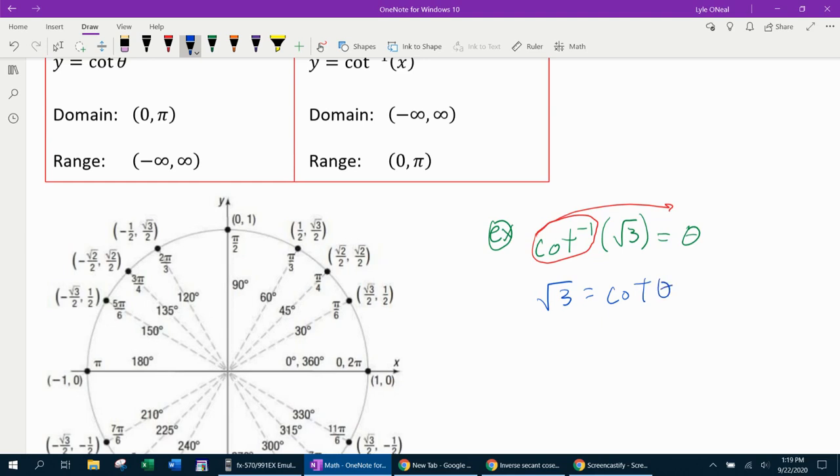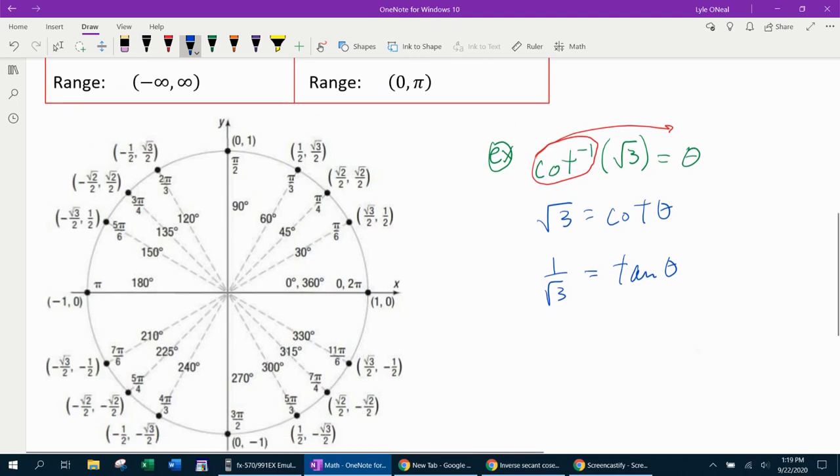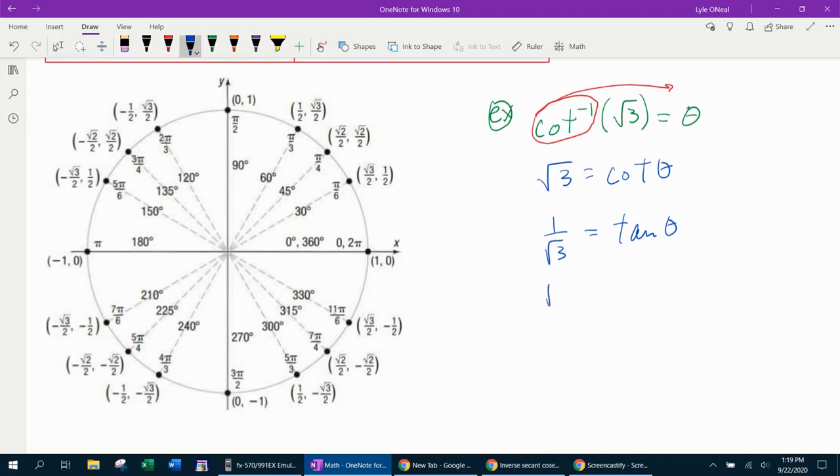At this point, we're going to use a reciprocal identity, knowing that the reciprocal of cotangent is tangent. So if I flip the cotangent, I get tangent, which means I need to flip the other side, which is going to give me 1 over square root of 3. And then if I rationalize, that's going to give me square root of 3 over 3.